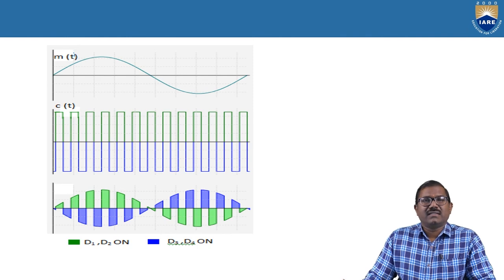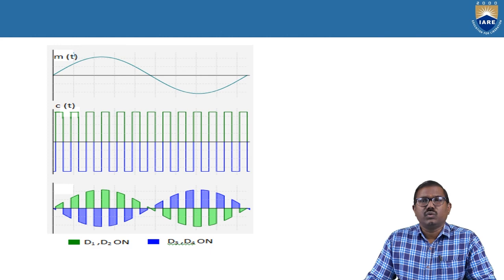The green color indicates D1, D2 are on. When the carrier signal is negative, D3, D4 are on, and D1, D2 are off. So finally, you get that picture.